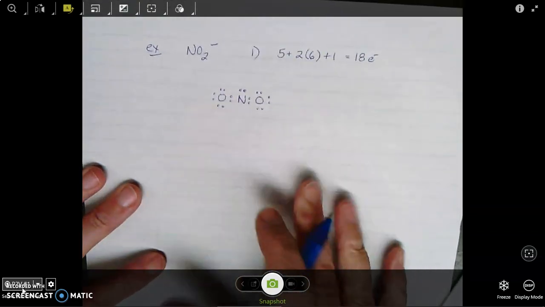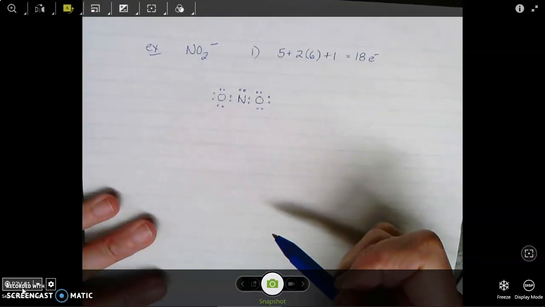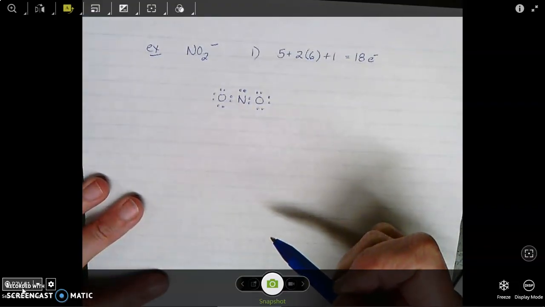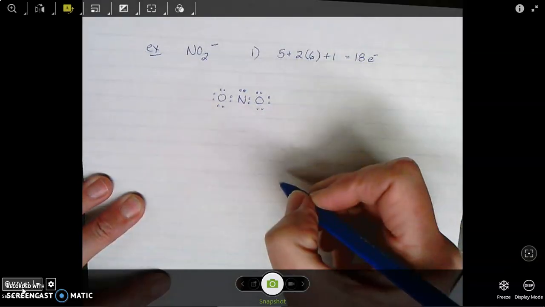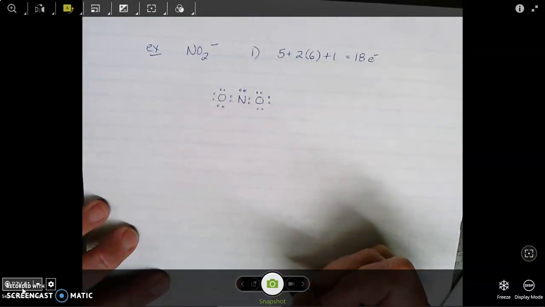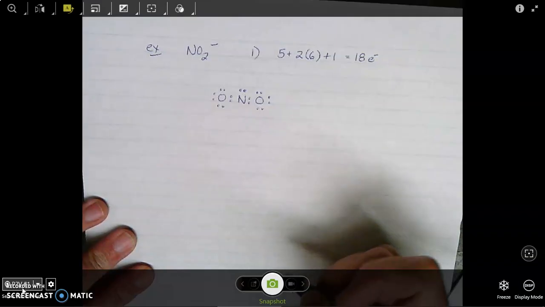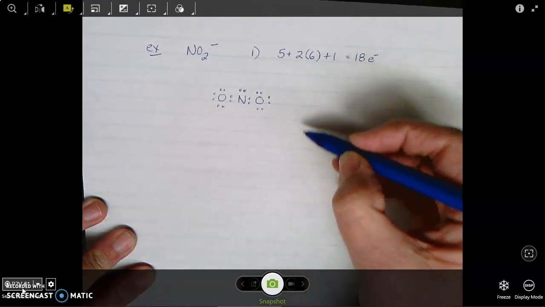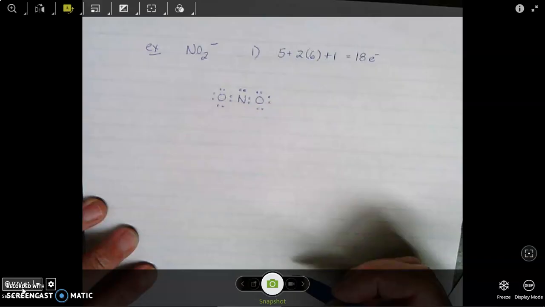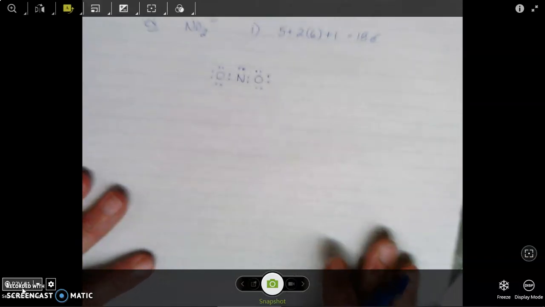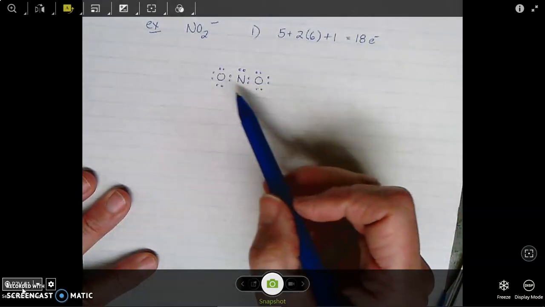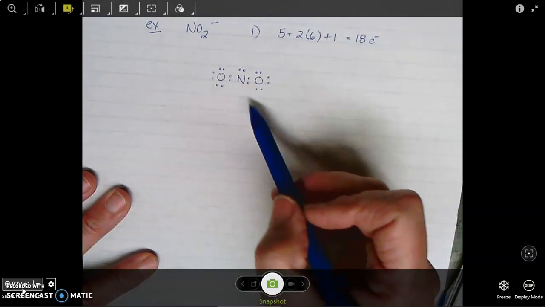Okay, you can see from following along my diagram the order that I'm doing things in. The reason why I would have drawn this out stepwise and drawn each evolving stage is so that you can see the differences from the beginning to the end in a gradual way. Okay, so I have all 18 electrons on.